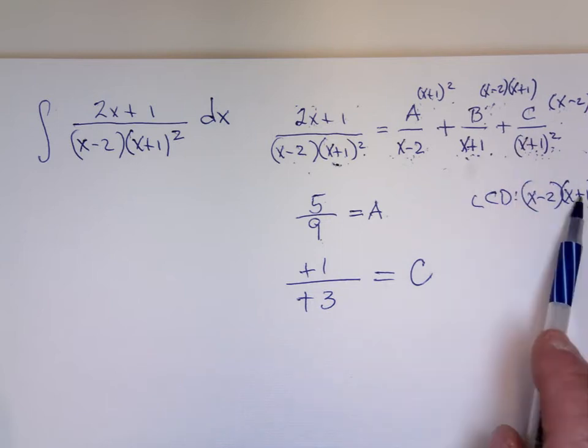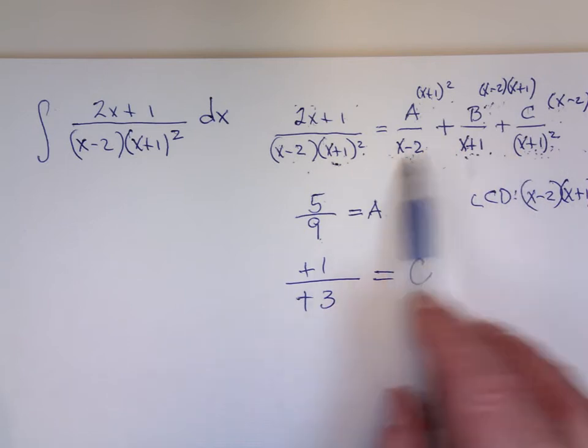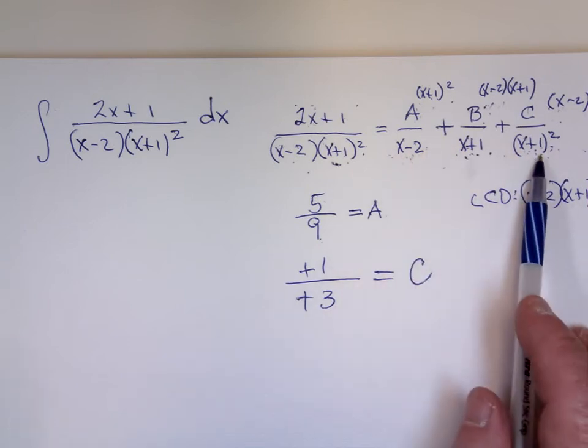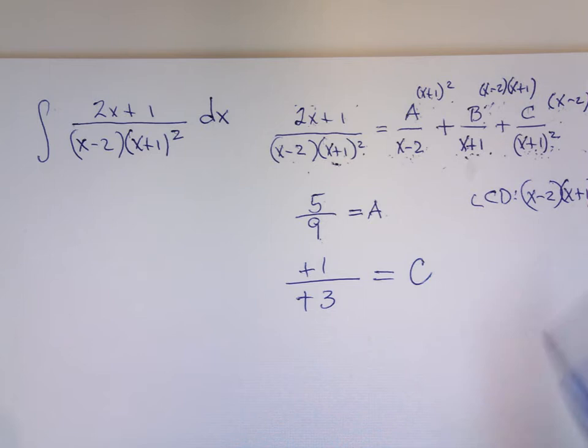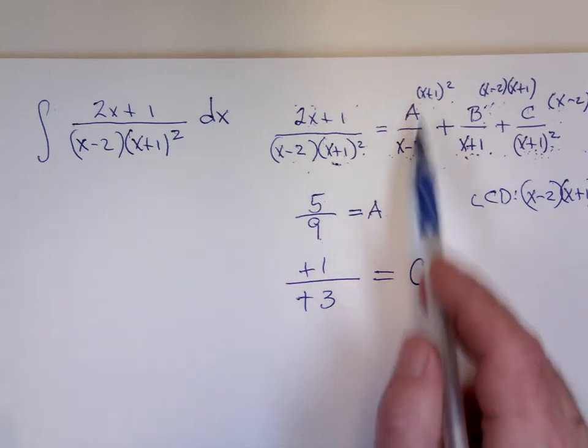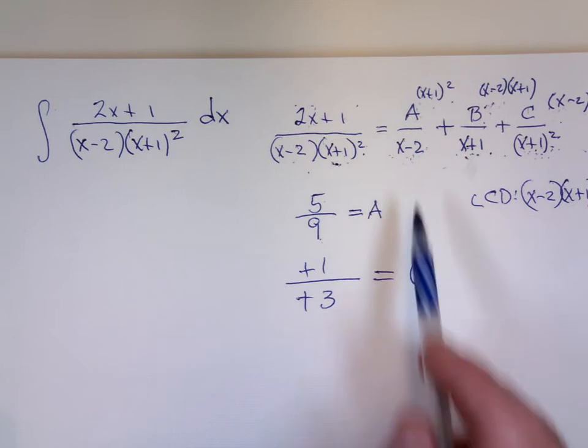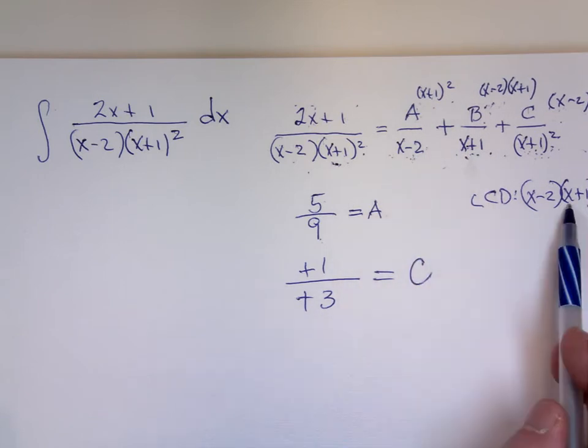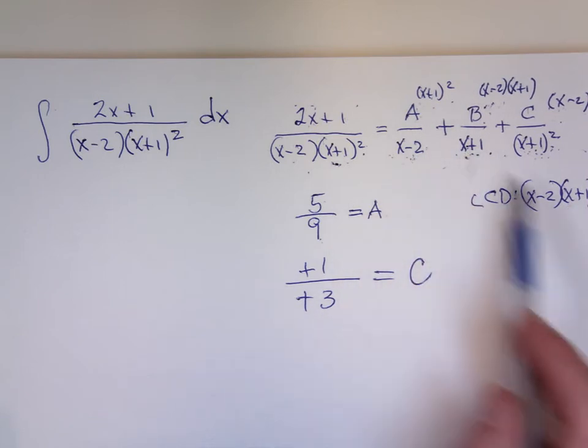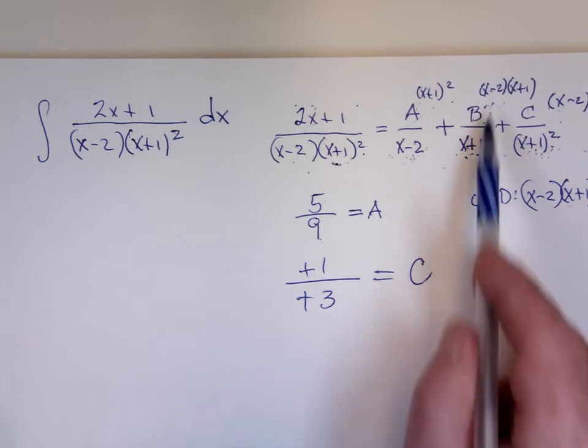You take each factor to its highest exponent. That's how you find LCDs. Which means this numerator and denominator gets multiplied by x plus 1 squared to get this denominator to look like this. To get this denominator to look like this, I need to multiply numerator and denominator by x minus 2, x plus 1.